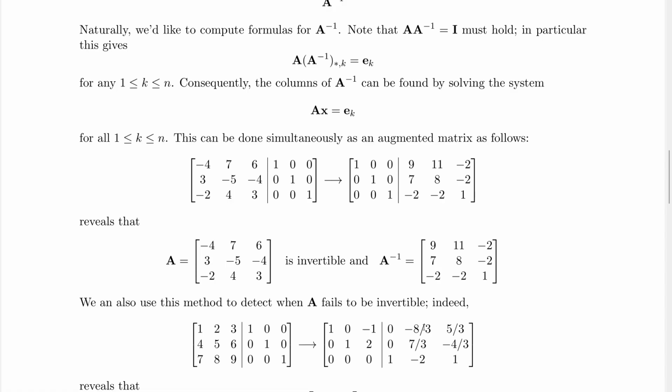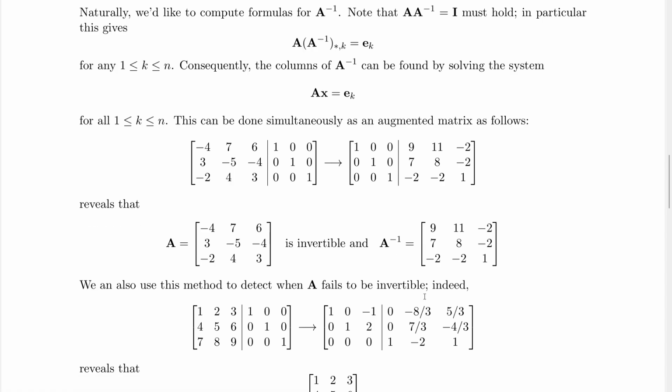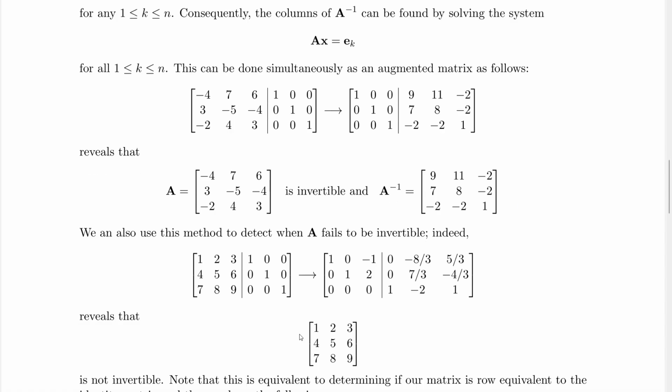It's basically junk. It says that there was no hope of solving one of them. All right, cool. So note this reveals that our good friend 1, 2, 3, 4, 5, 6, 7, 8, 9, that 3x3 matrix, fails to be invertible.